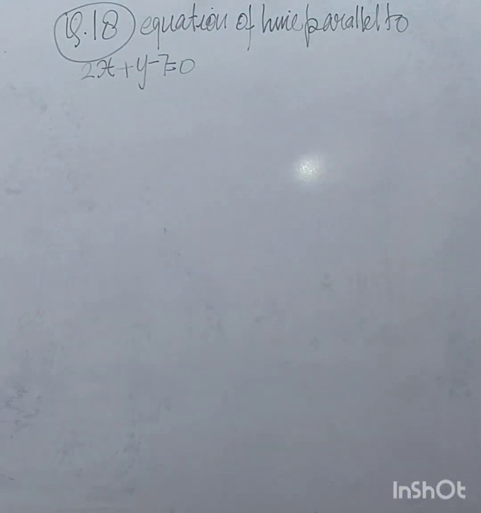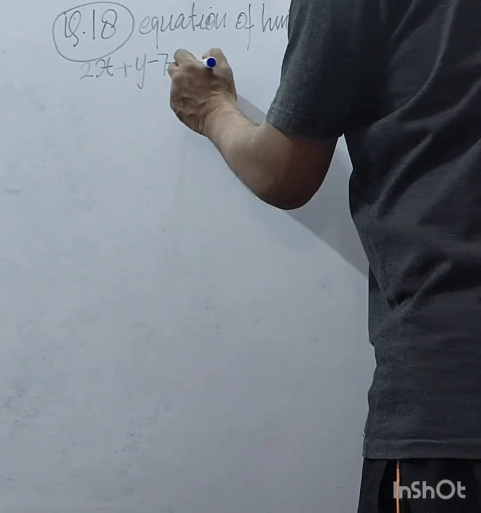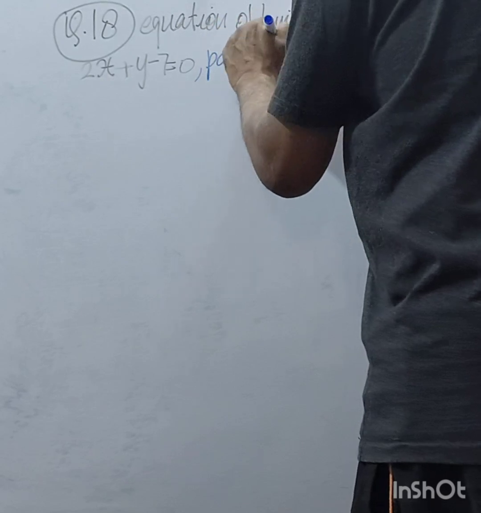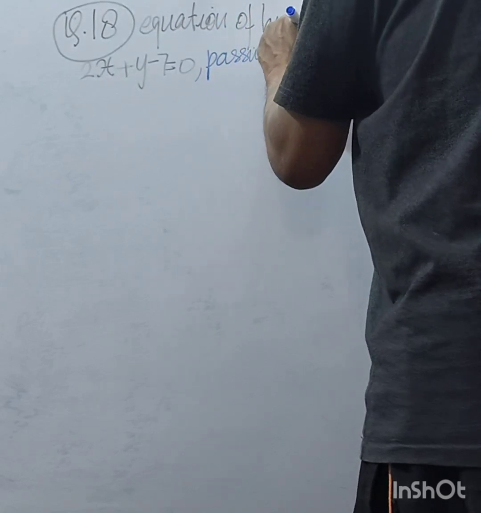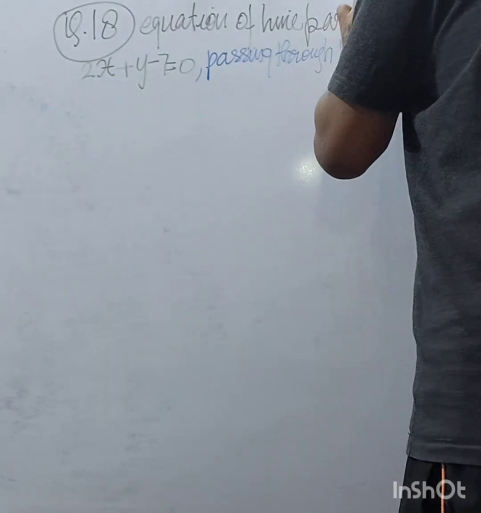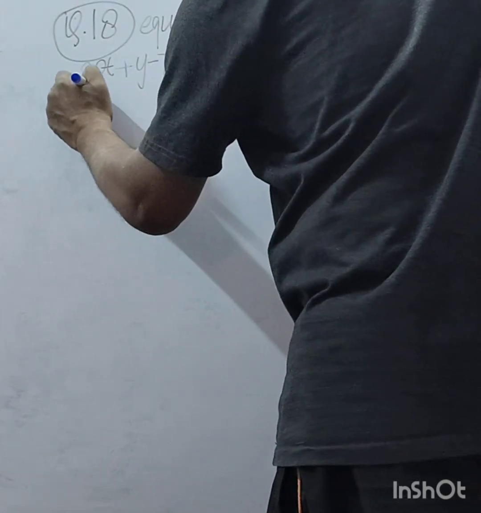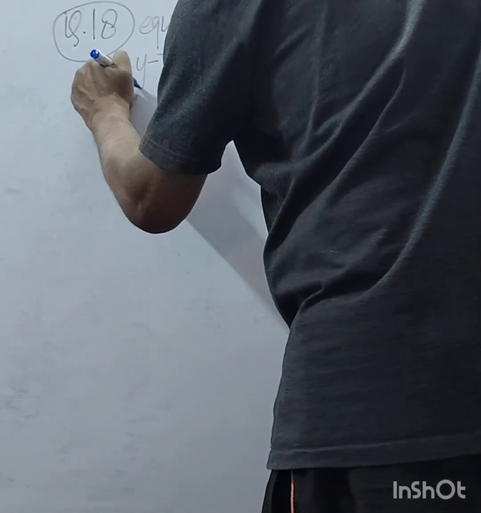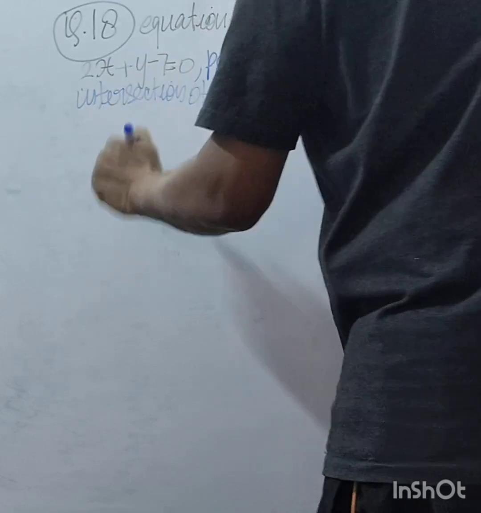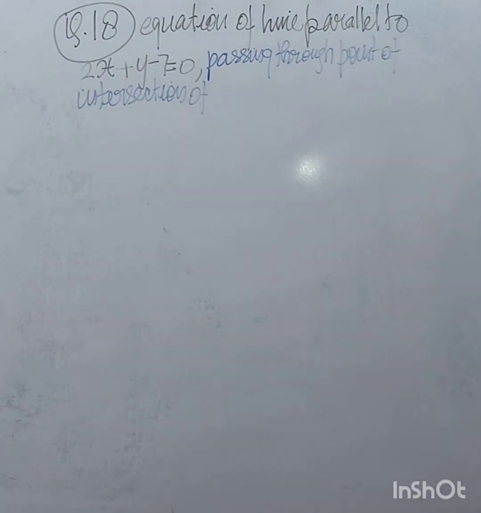Passing through the point of intersection of the lines. When they are parallel, how will they intersect?